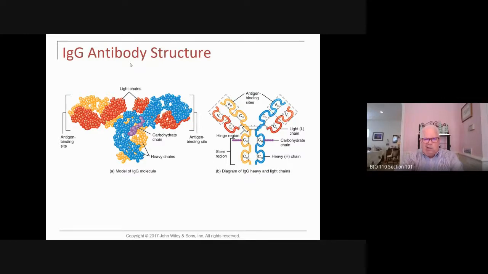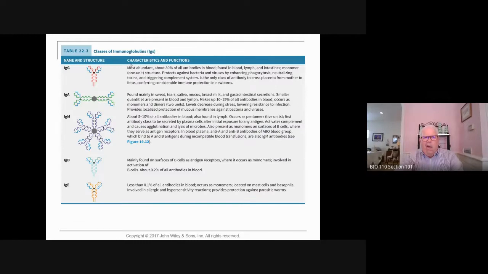Antibody structure. You don't have to know structure. It's not important. But what is important is to understand that immunoglobulins are antibodies.